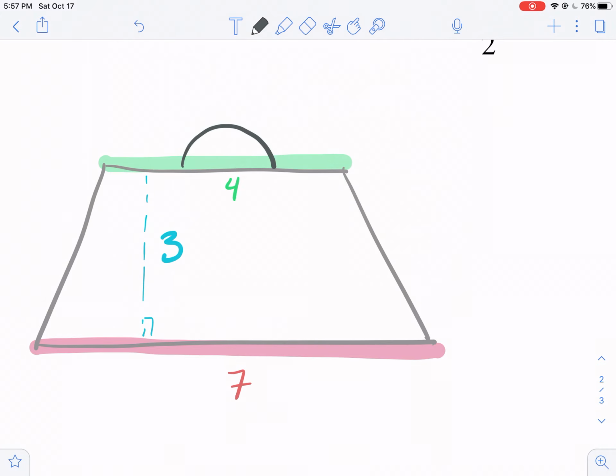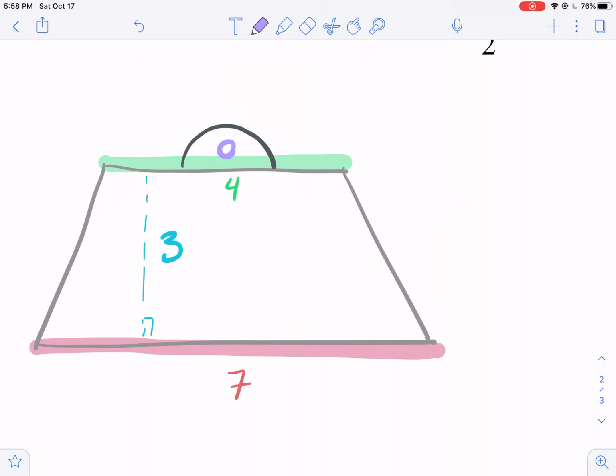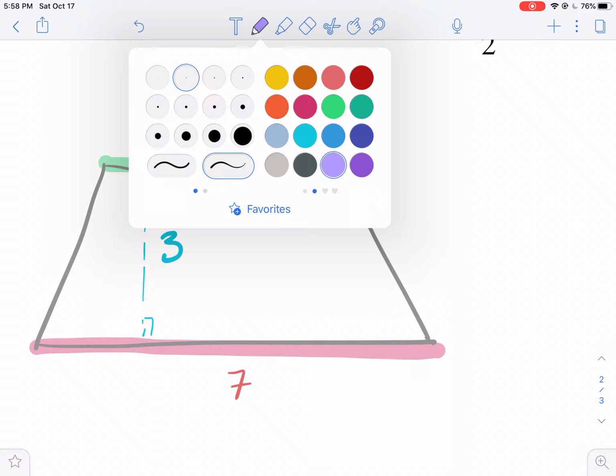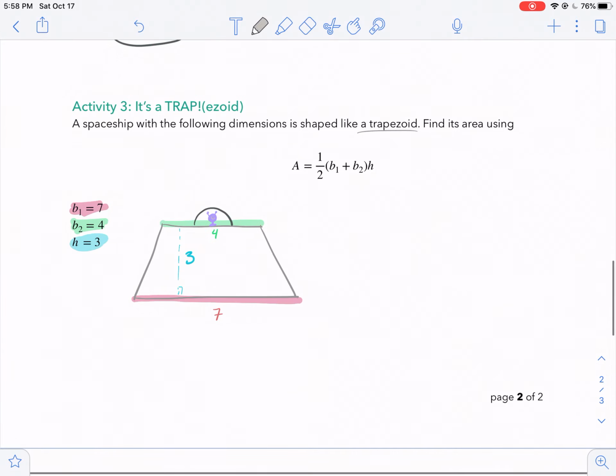We'll make our alien guy purple. So here he is, in a spaceship, and he's having a great time. And he comes in peace, right? Take me to your leader.